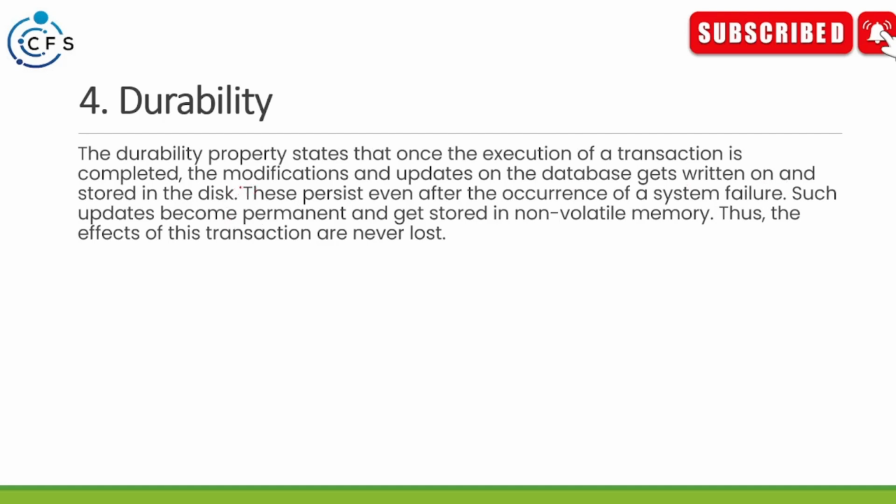Now this one is an important line: this persists even in the occurrence of system failure. Once it is stored in the disk, it is permanent, it is not going to be erased. And even if my system fails somewhere, that is not a problem.